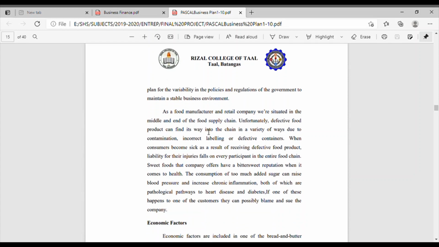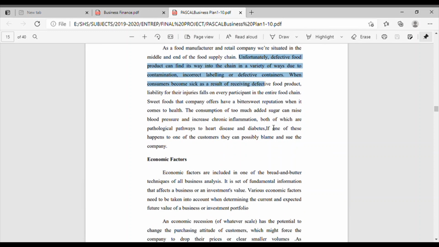So, as a food manufacturer and retail company, we're situated in the middle and end of the food supply chain. Unfortunately, defective food product can find its way in the variety of ways due to contamination, incorrect labeling, or defective containers. So, dyan nila in-explain yung effects ng political factors sa business performance nila.